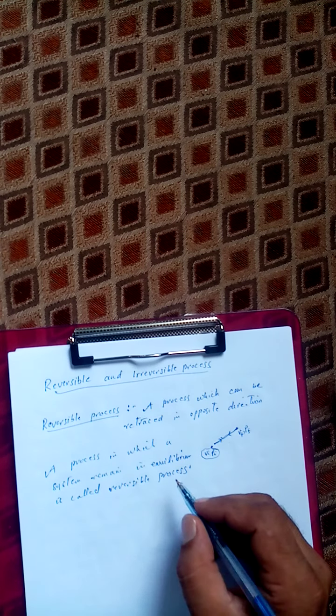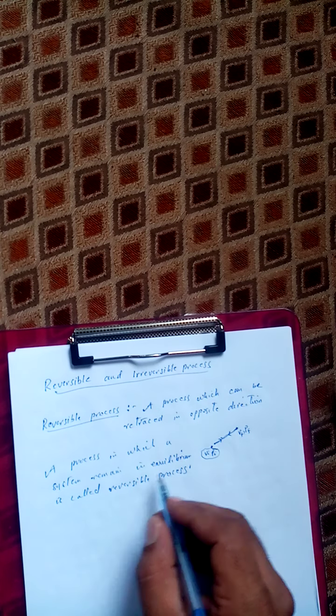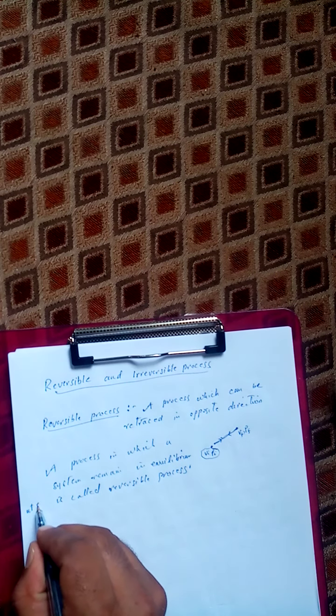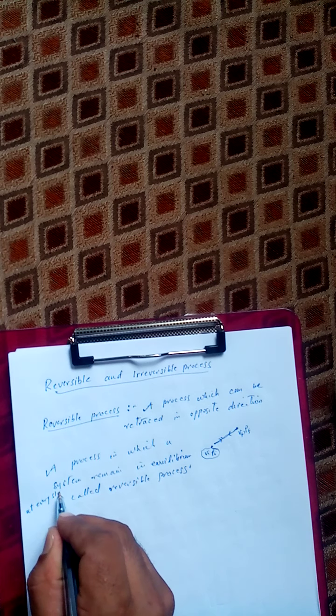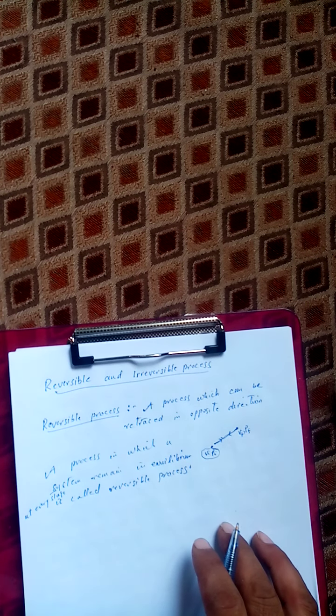But equilibrium will be at every stage, okay? A process in which a system remains in equilibrium at every stage of the process is called a reversible process.